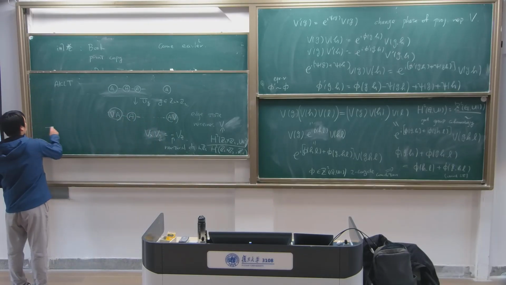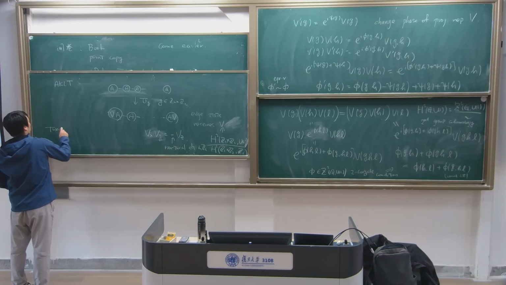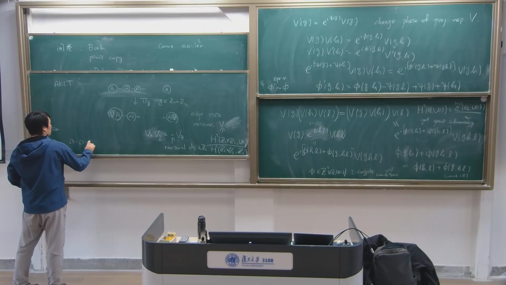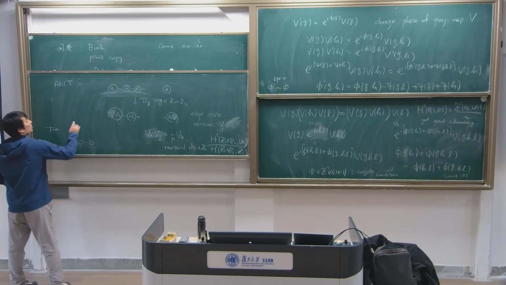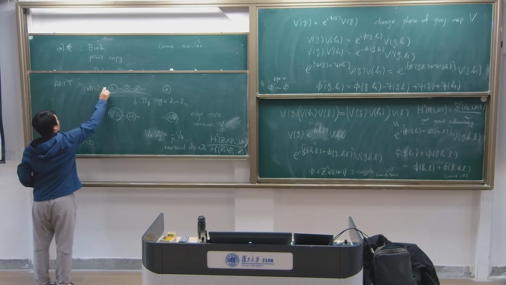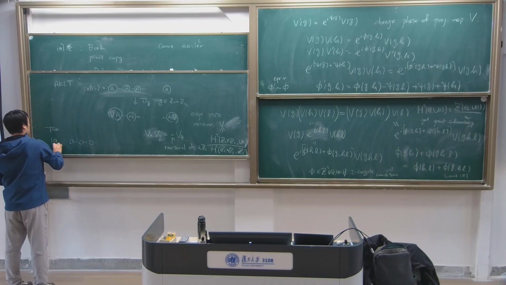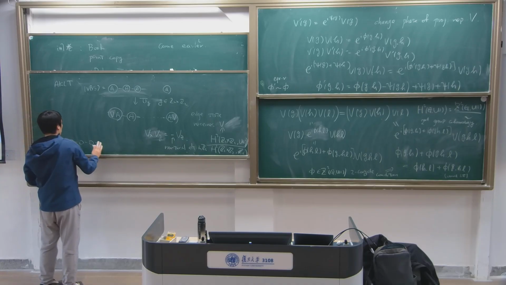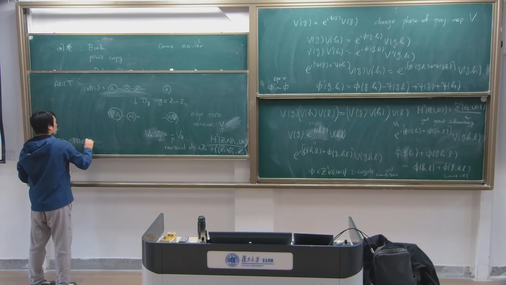On the other hand, take the trivial Hamiltonian. We have a 0, 0, 0 ground state. This is the ground state, or the VBS ground state. It's all 0, 0, 0.